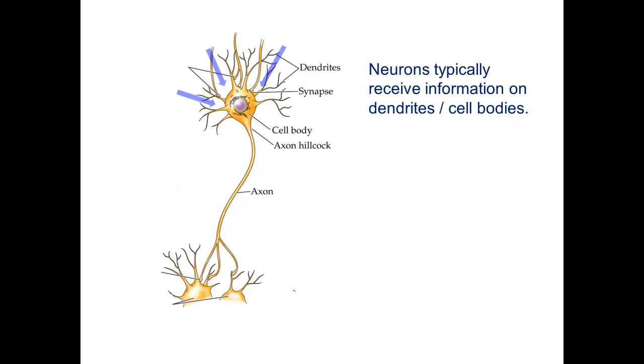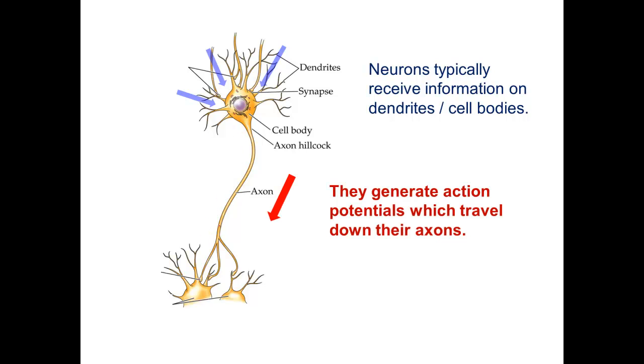Neurons typically carry information in one direction, and the flow of information in a neuron typically goes from the dendrites and cell body down the axon to the terminals. Neurons typically receive information from other neurons, for example, on their dendrites and cell bodies.